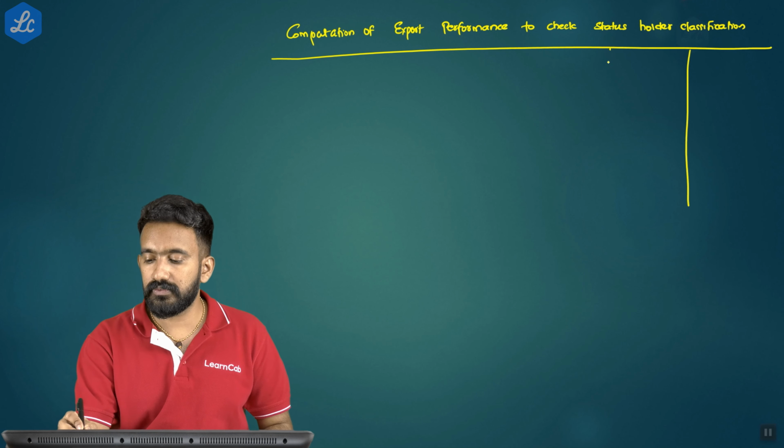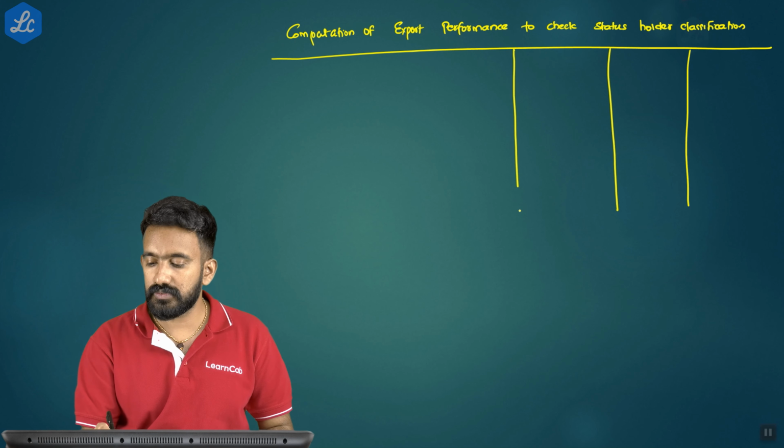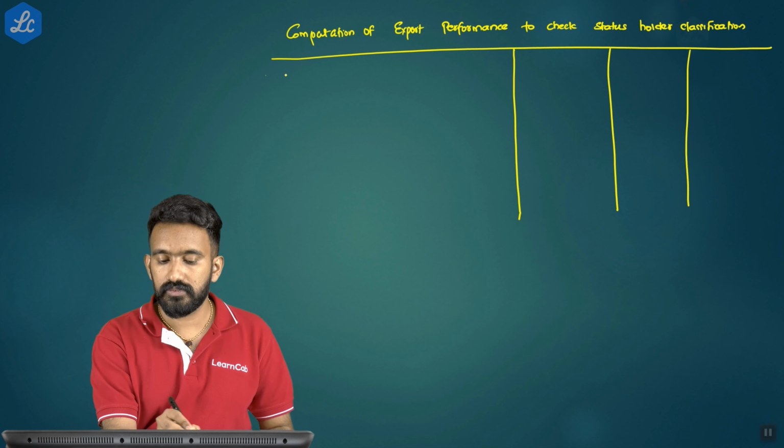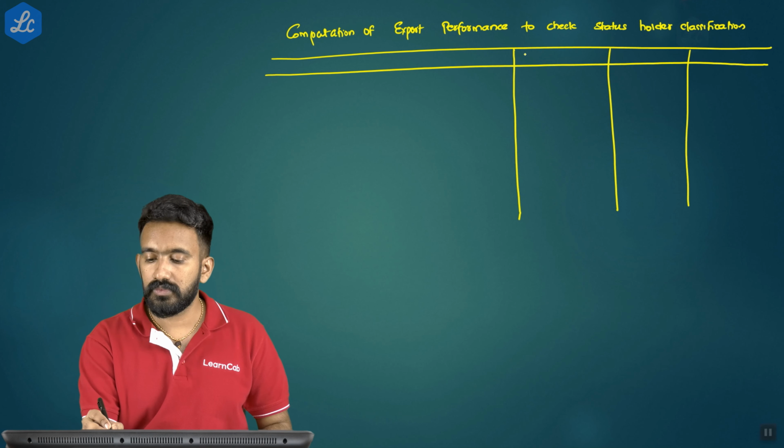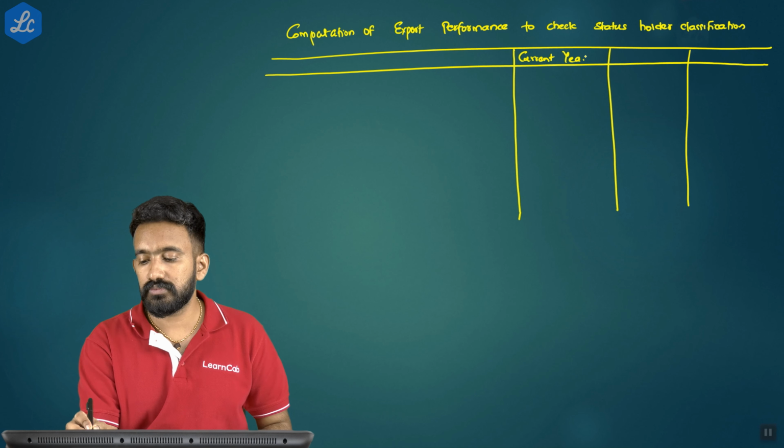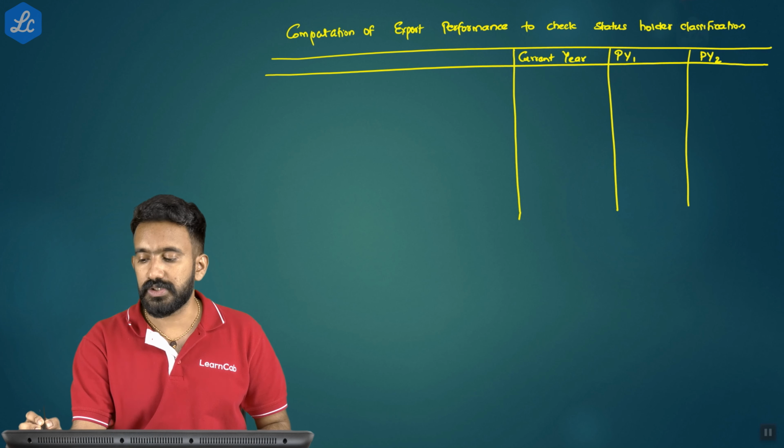Again, I have 3 years: current year, previous year 1, previous year 2.